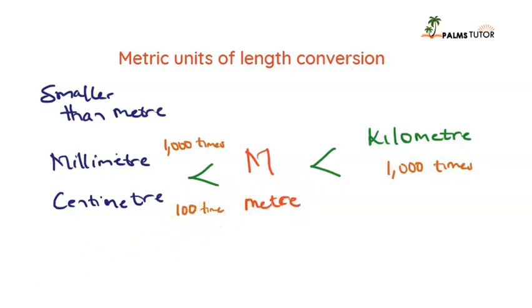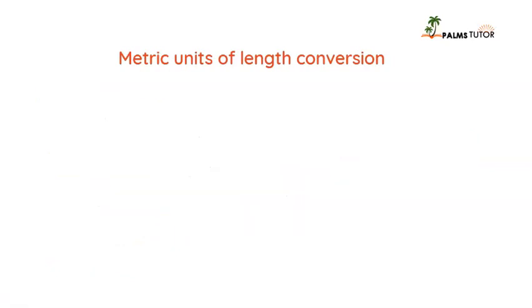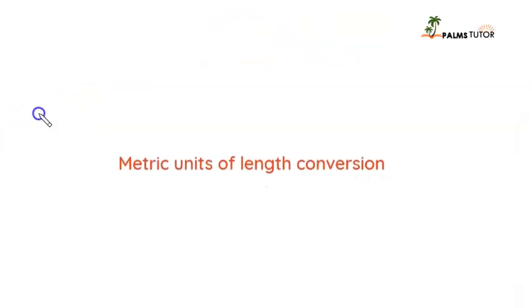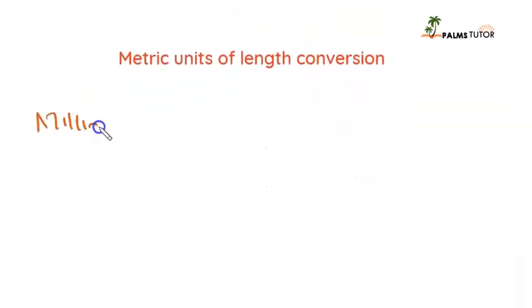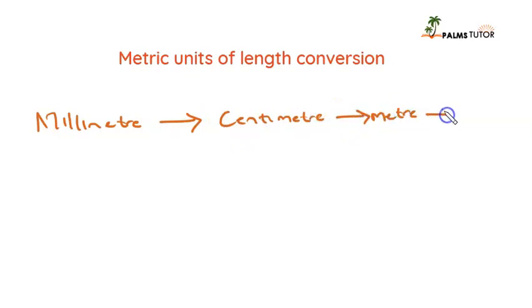So let's do some comparison. Let's arrange them from smallest to biggest. Millimeter is the smallest, followed by the centimeter, and then we have meter here, and then of course we have the kilometer.